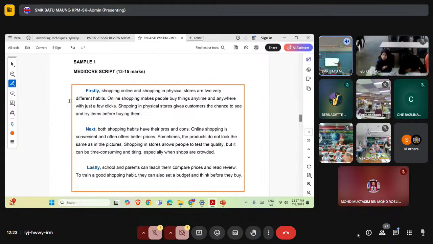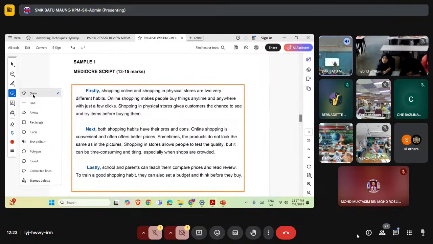So for the first paragraph, the candidate answered the first question, the first content point. Very straightforward. Basic and everyday vocab. Any less common lexis here for the first paragraph? Can you find any less common lexis?